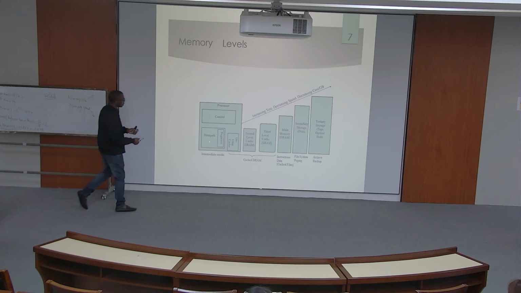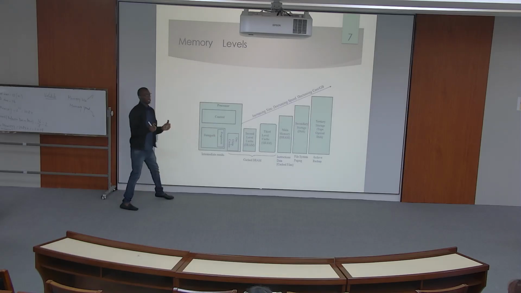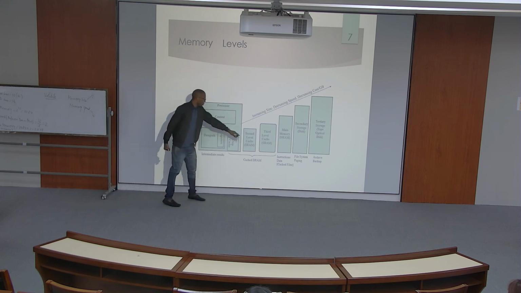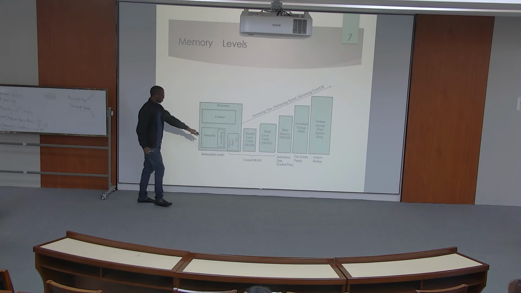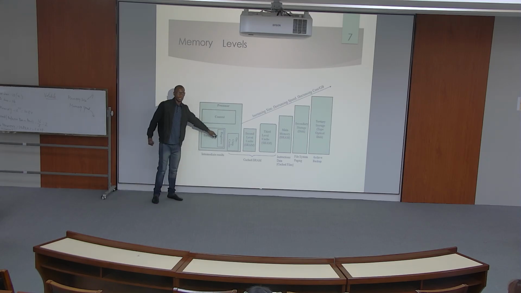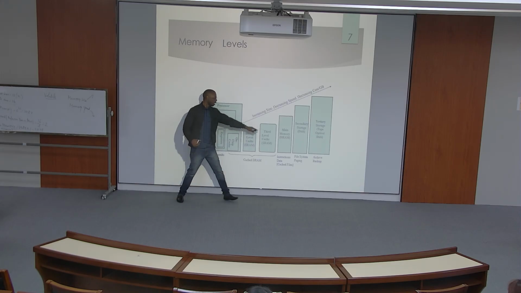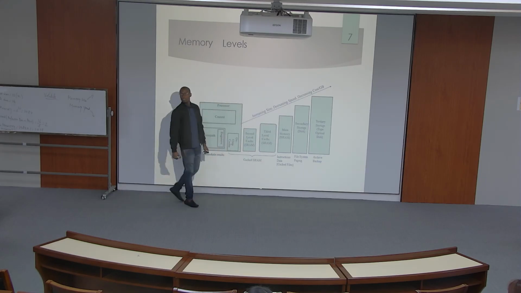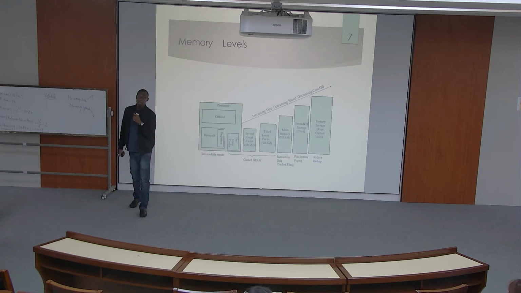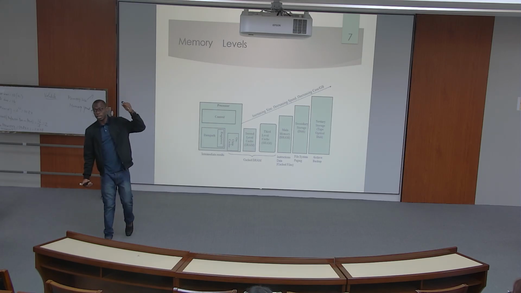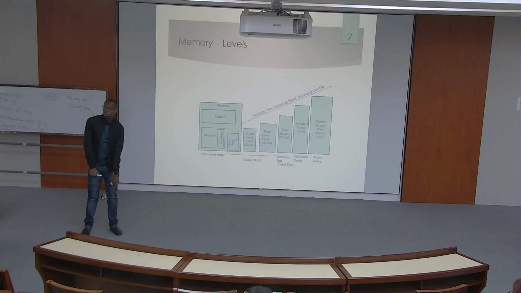That's why our register memory is small in size, but fast. Cache memory is bigger than the register, which means it is slower than the register, but faster than main memory. You understand? So as the size of the memory increases, the speed decreases.